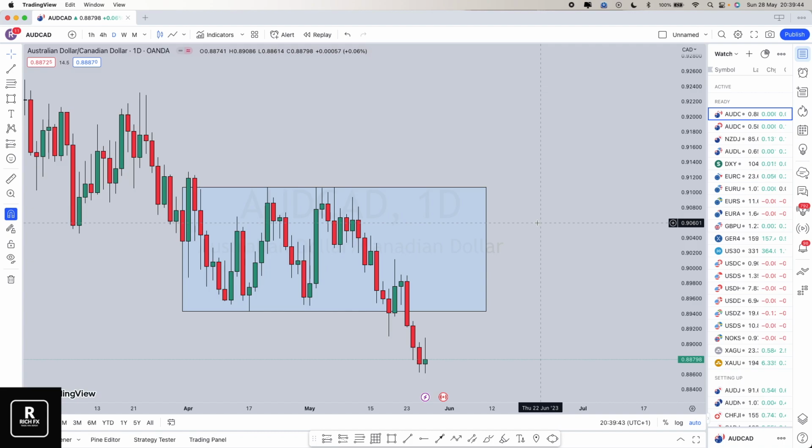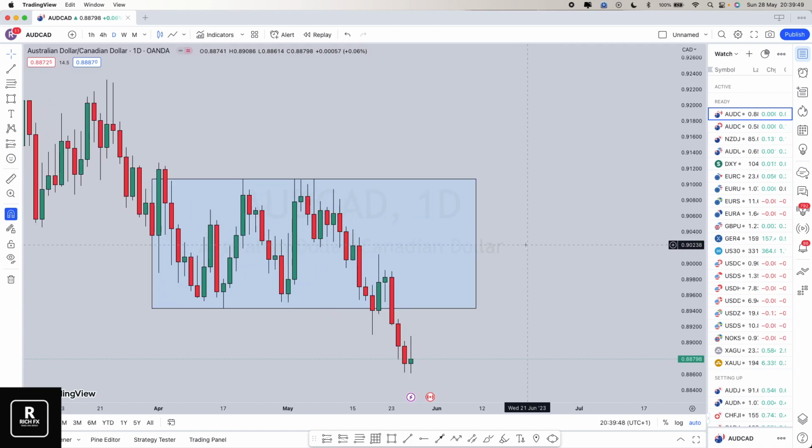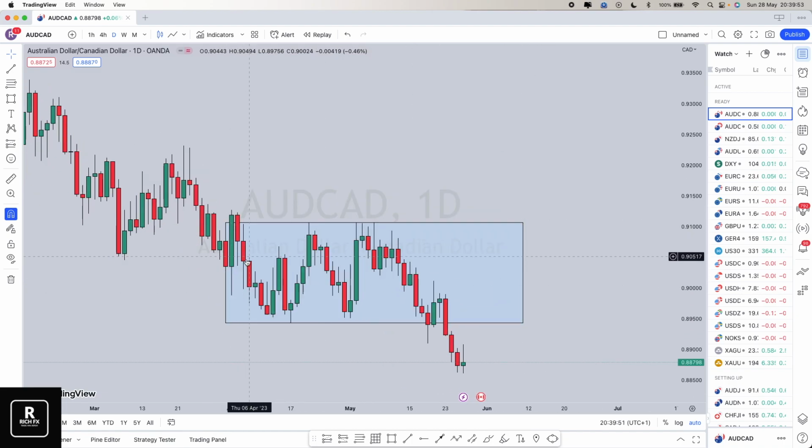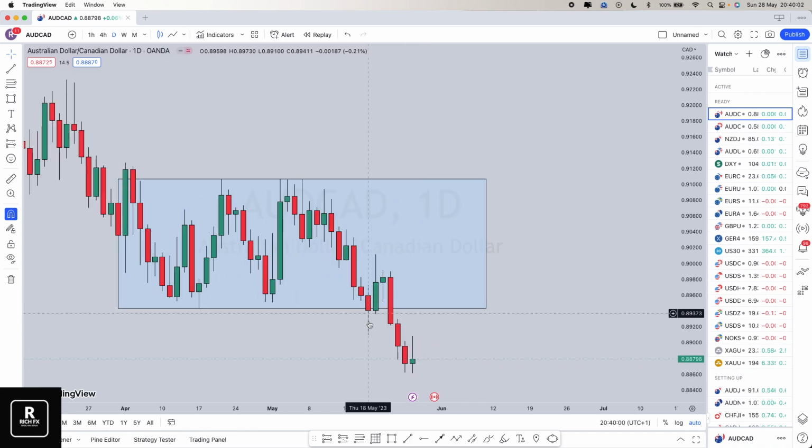So starting off with the first pair, AUD CAD, the Australian dollar against the Canadian dollar. As you can see from the daily perspective, it was consolidating from the 31st of March up until the 18th of May with this bearish candle over here.